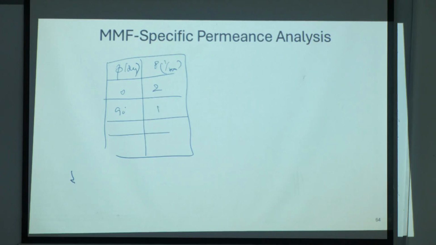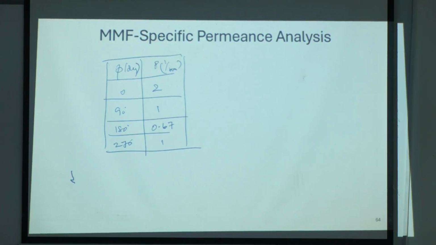At 180 degree, 0.67. At 270 degree, 1, right? Is everyone on the same slide right now?